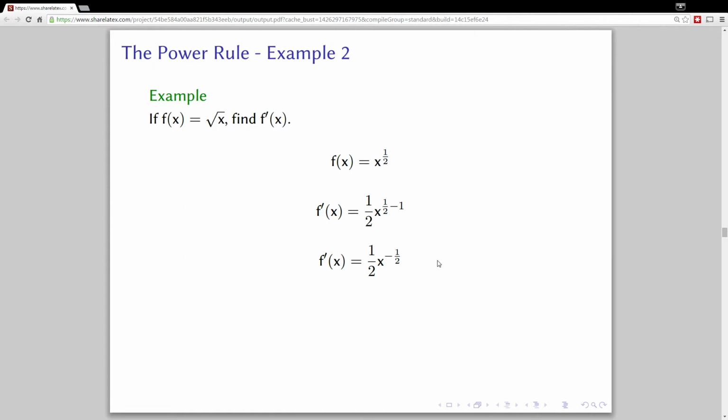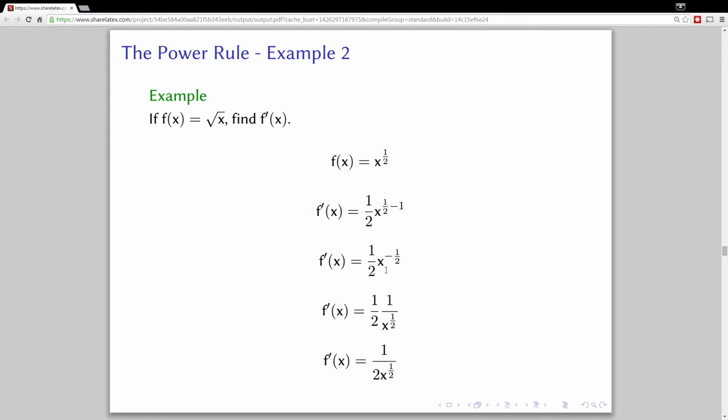On some of these problems, you're going to have to simplify. Especially later on, you're going to have to take the derivative and then simplify it. So it's a good idea to practice that here. Just remember what that negative power means. It basically means 1 over x to the 1/2. And then I have two fractions here, and I can multiply those together, and I get 1 over 2x to the 1/2 for the derivative.